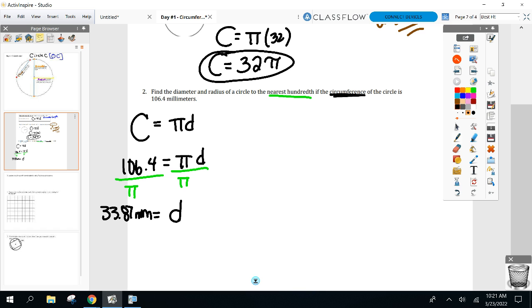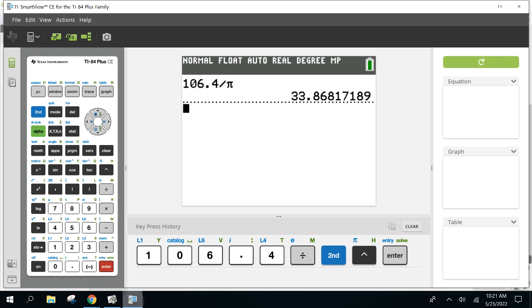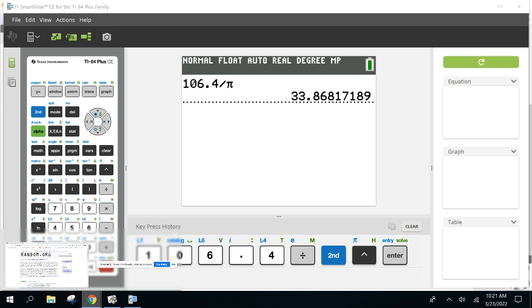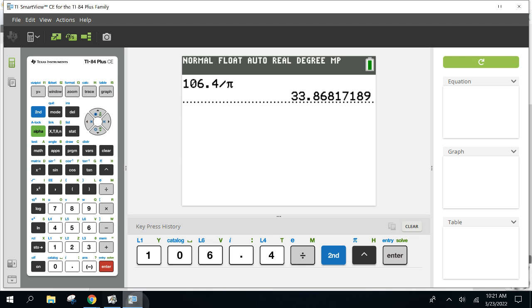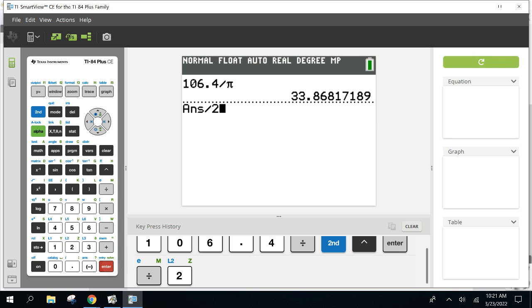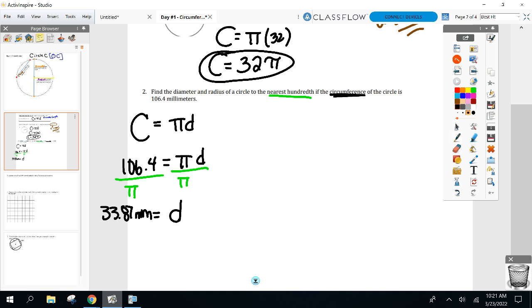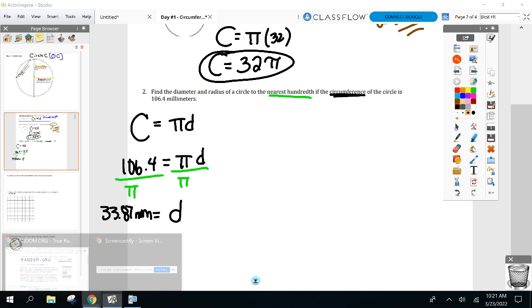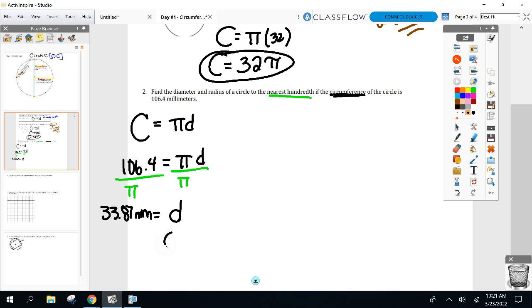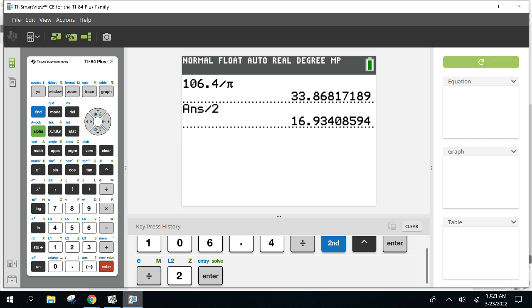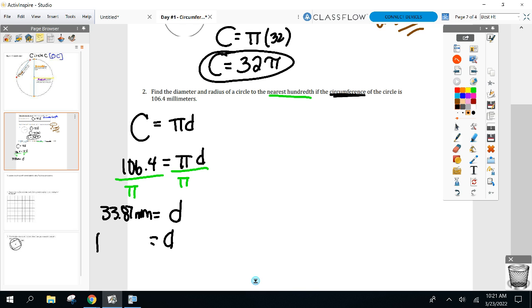Now it's asking me for the radius. You have a number in your calculator. What do you suggest I do to this number to get to the radius? Divide by 2. Yep. Divide it by 2. Round. So what's our radius of this circle here? 16.93. 16.93 looks good.